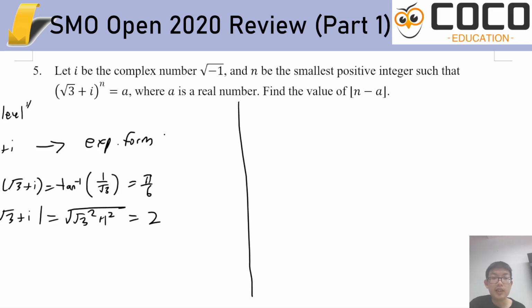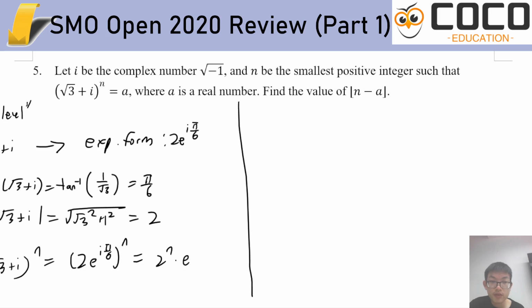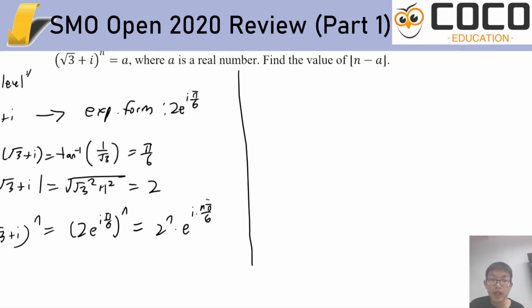And so that means that it will be 2e to the i pi over 6. Now you want this to be a real number, which means that n pi over 6 must be a multiple of pi. So the smallest n is just 6.